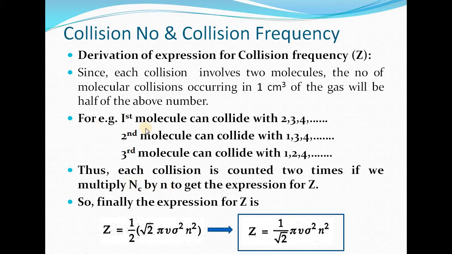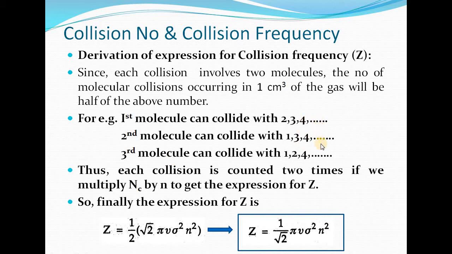For example, the first molecule can collide with second, third, fourth and so on. Now the second molecule can collide with first, third and fourth and so on. Similarly, the third molecule can collide with all other molecules except itself.